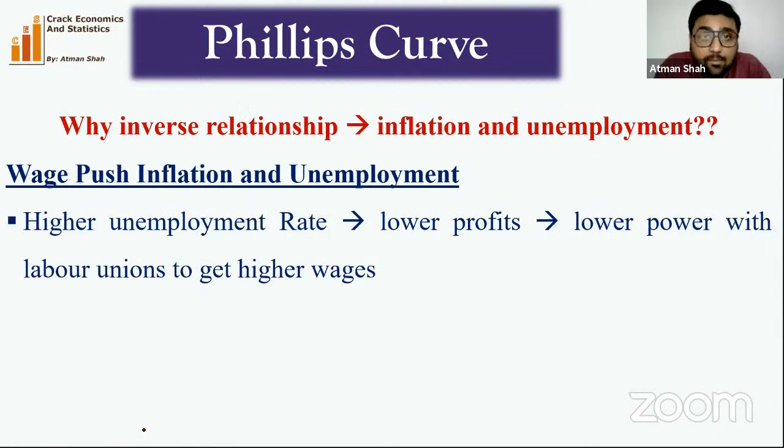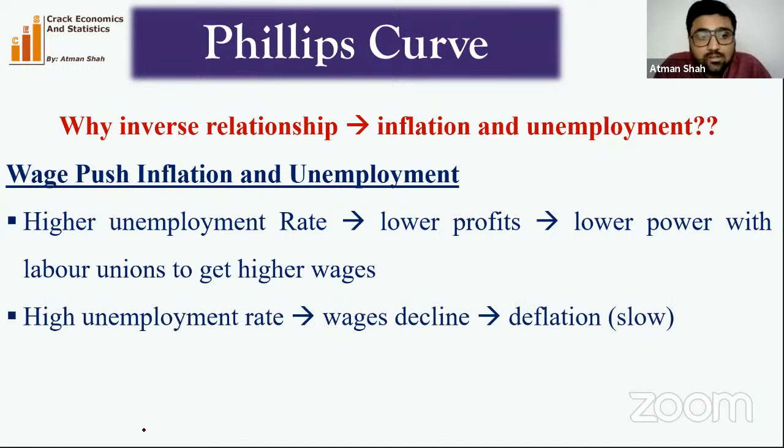Now, if the unemployment rate is high in the economy, which shows lower profits, labor unions do not have the power to get higher wages, because many unemployed workers are ready to work at a lower wage rate. So that reduces the power of the labor unions.